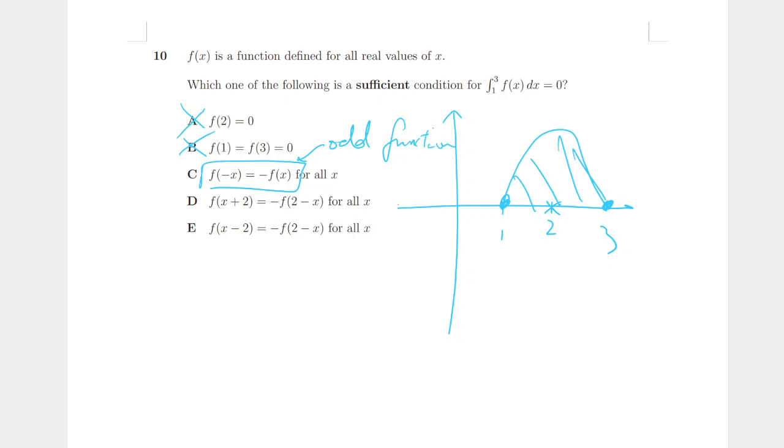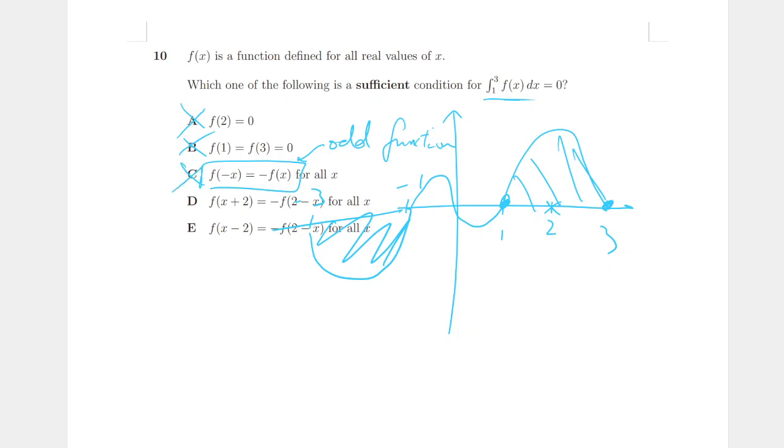So if I take a function like this, where this is -1, this is -3, and I take the same shape here, and then whatever I do here in the middle, this satisfies C. But the area between 1 and 3 is still not 0. I just need something which has rotational symmetry around the origin, and then I'm fine. So C is also no good.